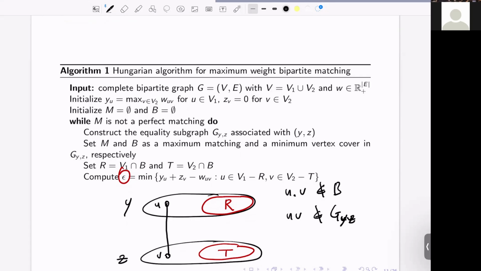To include it, I take yu plus zv minus wuv, whose value is positive, just because this edge doesn't belong to the equality subgraph. And I take the minimum of those values.